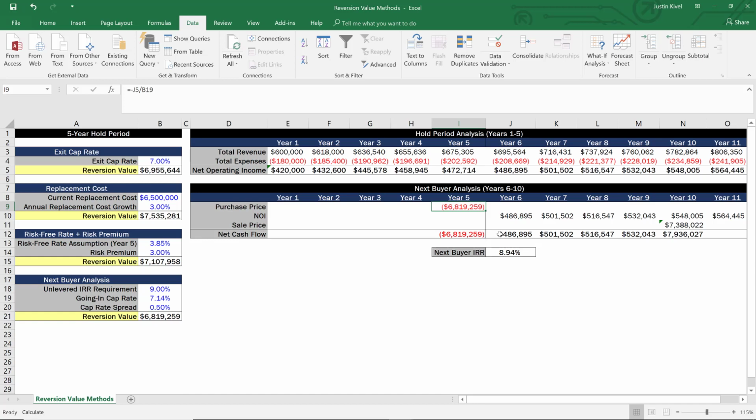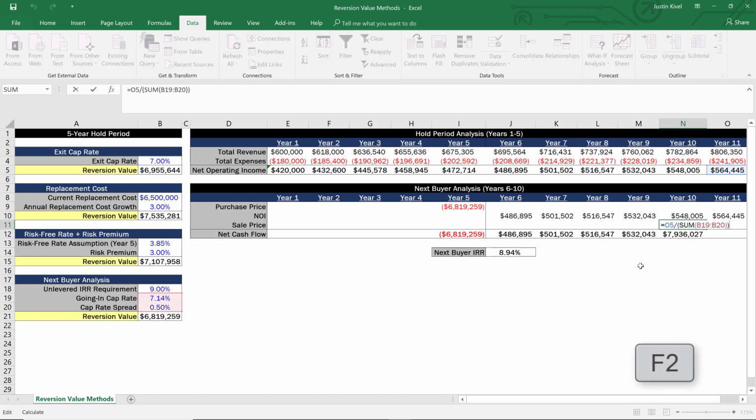Then we're assuming that our net operating income assumptions will hold true. So that next buyer will look at our property and assume that the net operating income will be what we are assuming throughout years 6 through 10 of our hold period. Then we finally get out to year 10, and we're assuming that the next buyer is assuming a reversion value. The way we're calculating that, if we hit F2, is we're taking O5, our assumed year 11 net operating income, and dividing that by the sum of B19 and B20.